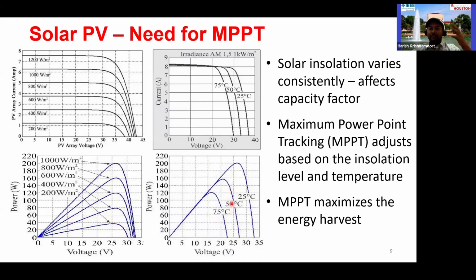So in some places we have to find ways of cooling them. You can see the entire dynamics: as the light and the heat change, the properties of the panel change a lot. So please keep that in mind.